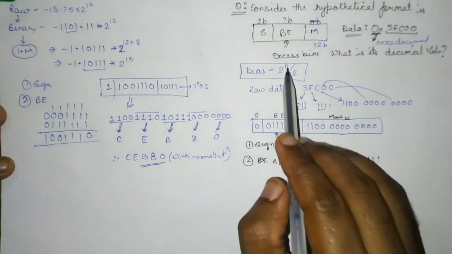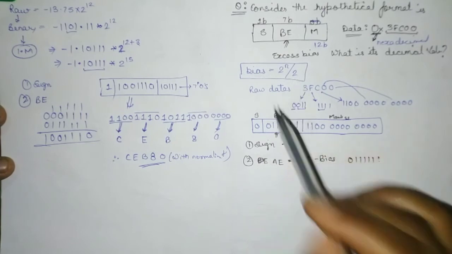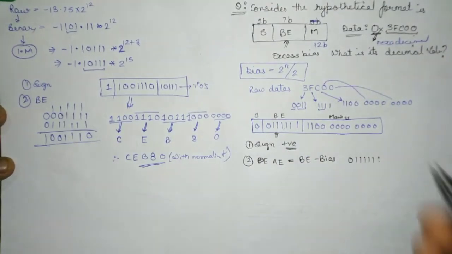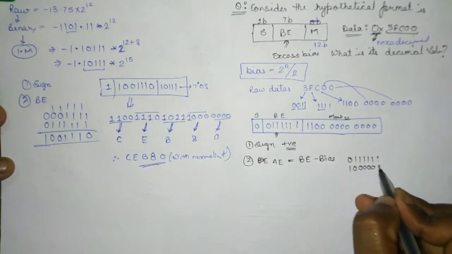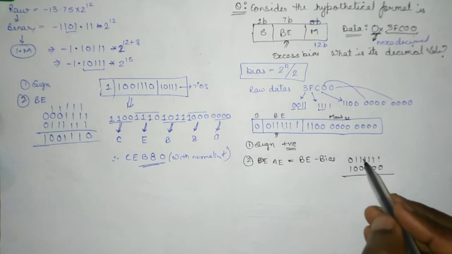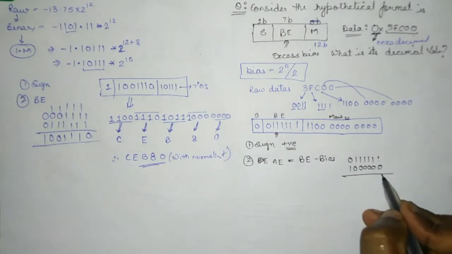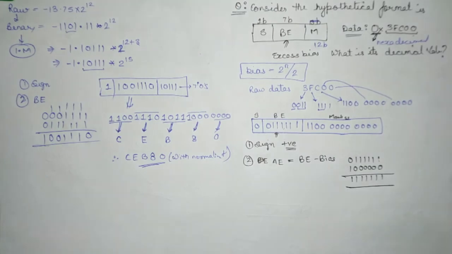And what is the bias? 2 to the power 7 divided by 2, that means 2 to the power 6, which is nothing but 64. 64 can be written as 1000000. So if you subtract this from this, what will you get? You will get 111111, and 2 minus 1 is 1, right? So this is what we are getting.